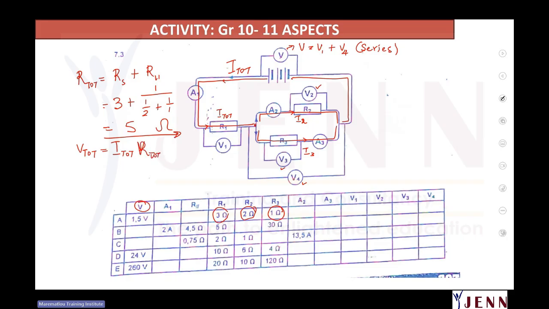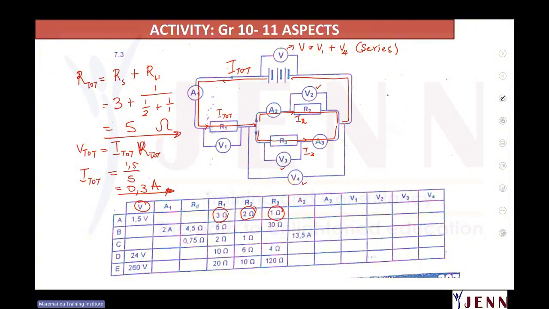According to Ohm's law, V total is equal to I total times R total, V is equal to IR. Then I total, which is the current flowing out of the battery, will be equal to V, which is 1,5, divided by 5. I think it will be 0,3 amperes, if I'm not mistaken.